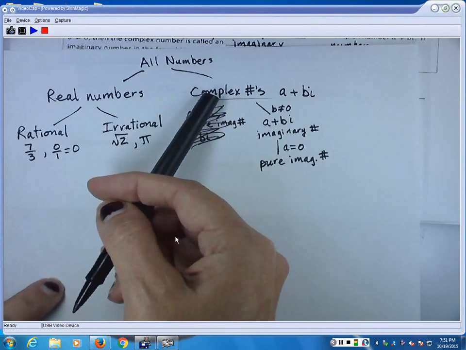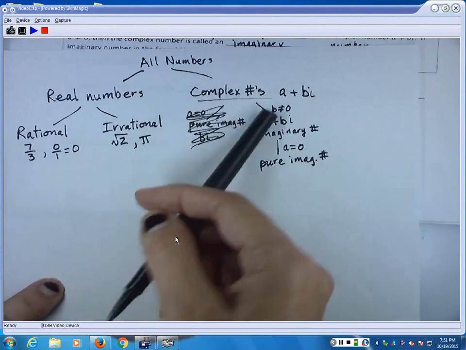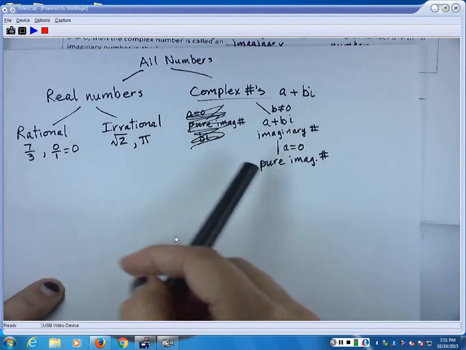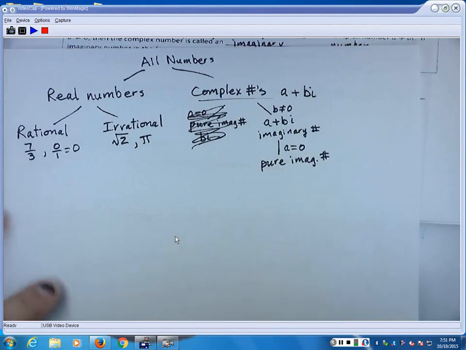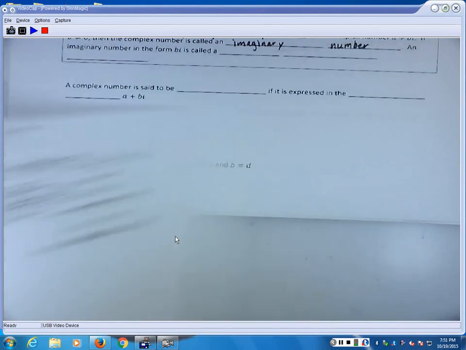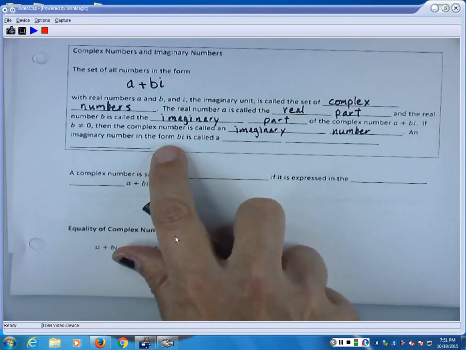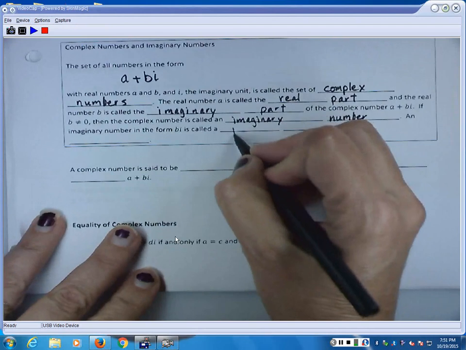So we have complex numbers. As long as b is not equal to 0, it's called an imaginary number, and then if a equals 0, it's a pure imaginary number. An imaginary number in the form bi is called a pure imaginary number.